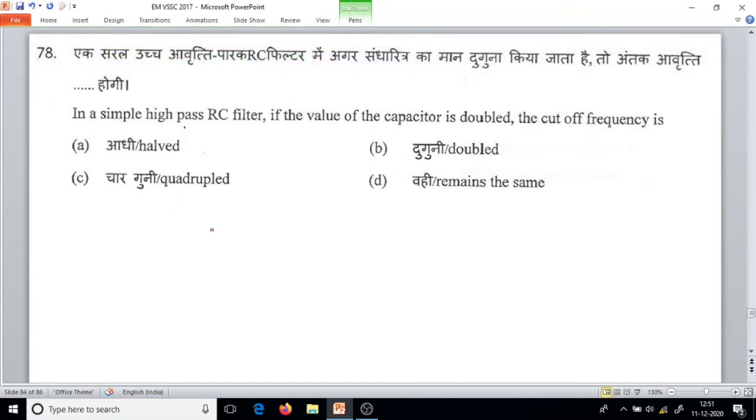In a simple high pass RC filter, if the value of the capacitor is doubled, what happens to the cutoff frequency? How do you draw a high pass RC filter? A high pass RC filter is like this. There's a capacitor and a resistor to ground.